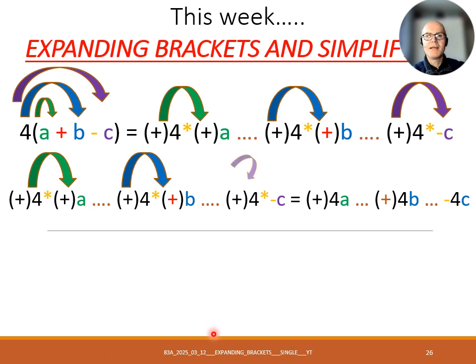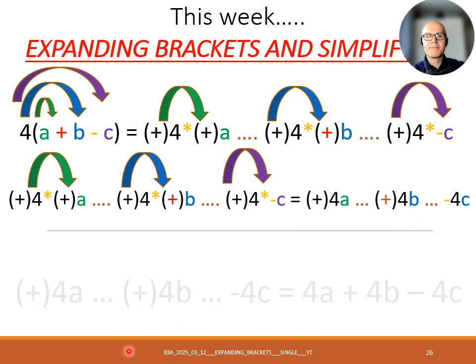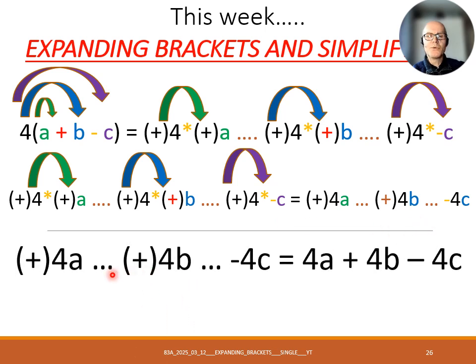And then positive 4 times negative C, positive times a negative equals a negative. Positive 4 times negative C equals negative 4C. So the 3 chunks for our answer, we've got positive 4A, positive 4B, and negative 4C.